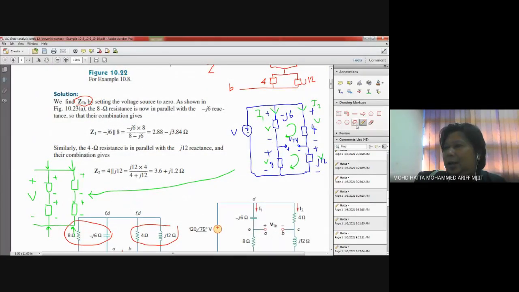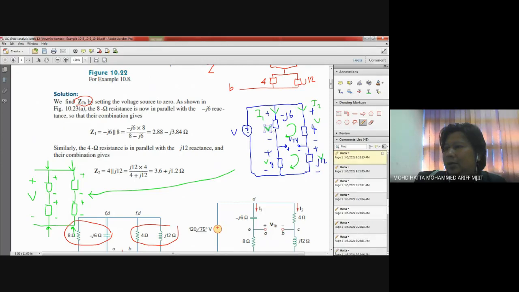Let's say I label that one, putting it in red color, this is V1, V2, V3, V4. Okay, I can use the information of voltage drop across here.